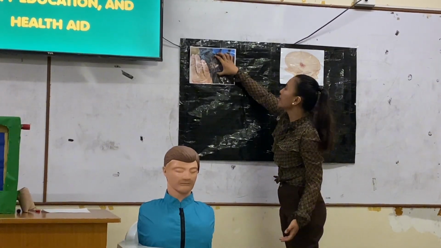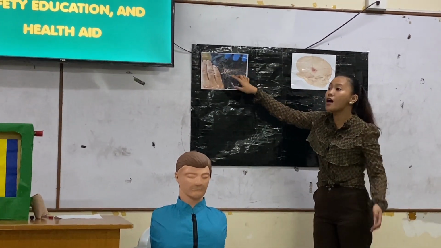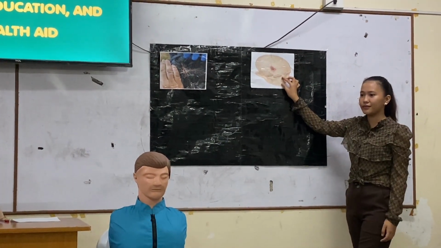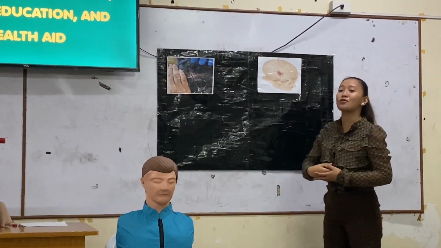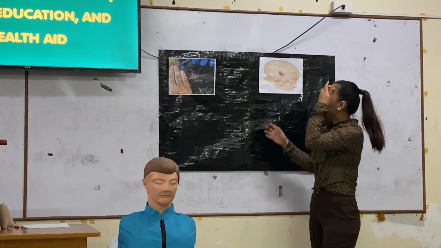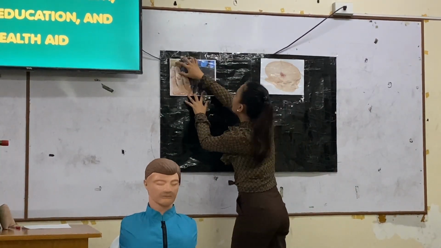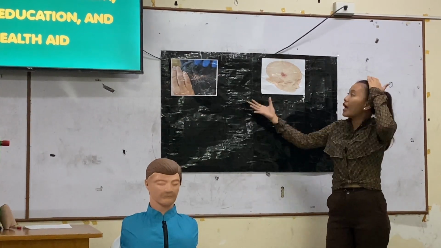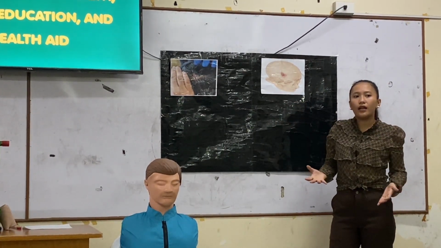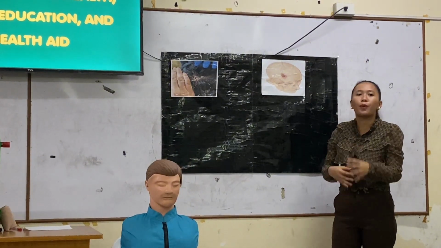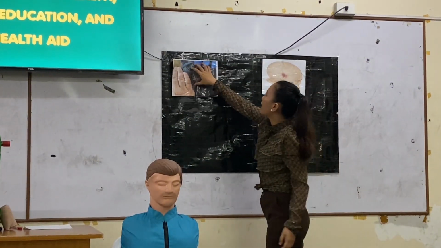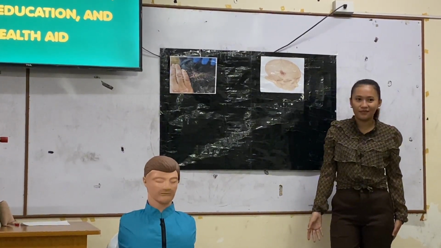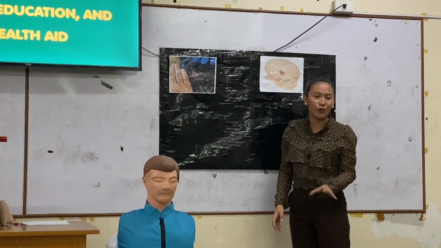Obviously, it's located in the head, particularly in the skull. The second one, correct. It's in the forehead. Now, these injuries are being placed in the skull and in the forehead. Now, which part of the body do you think these injuries are? So later, you will know.